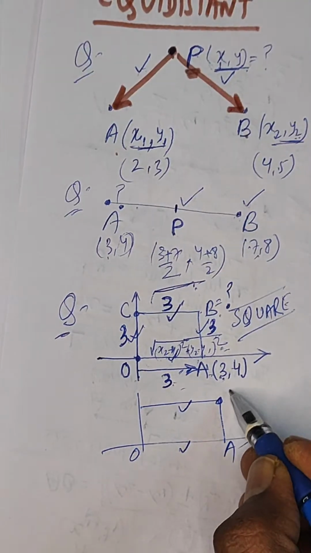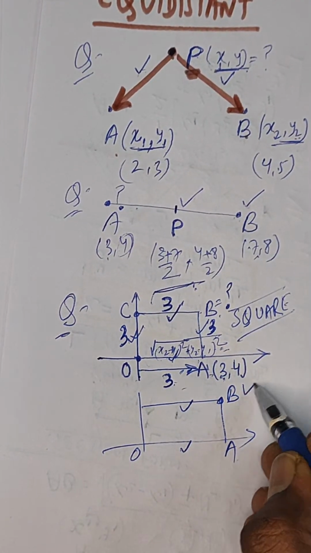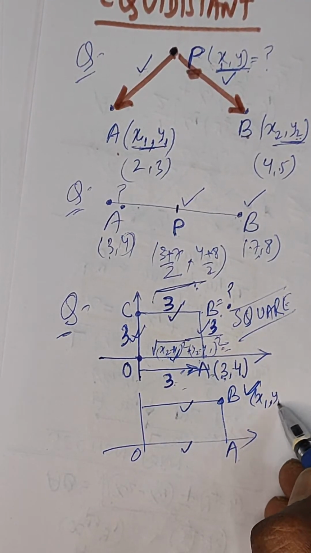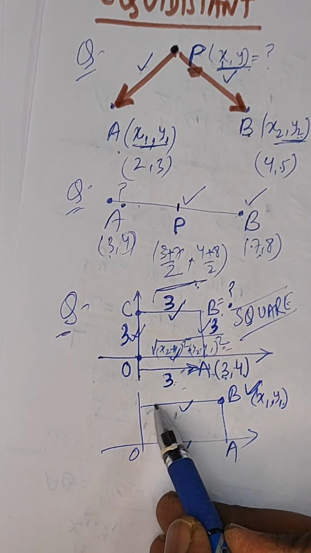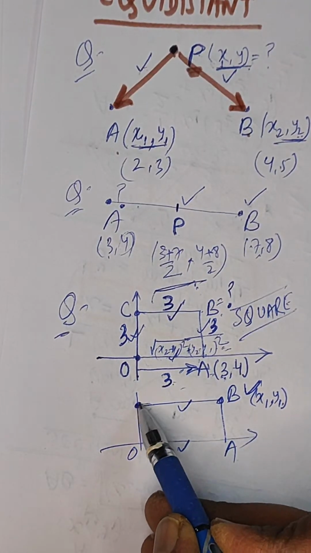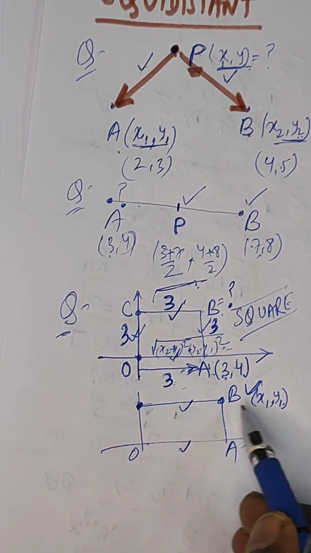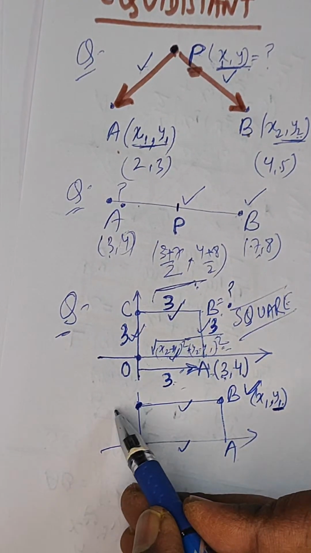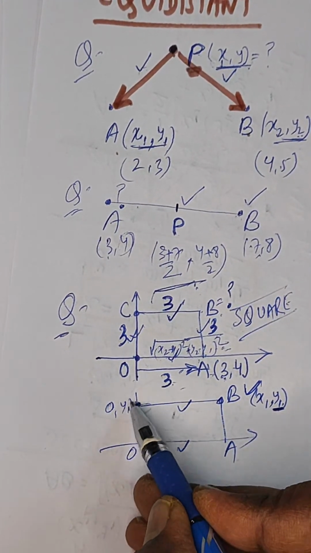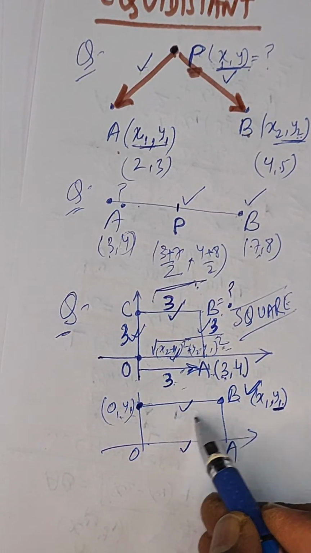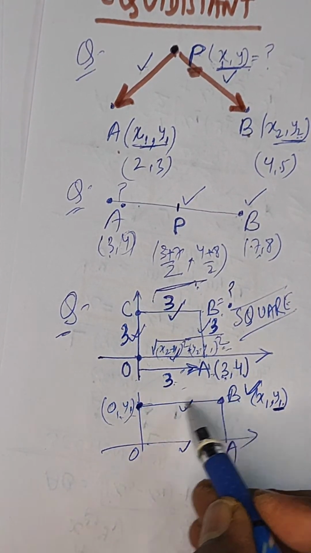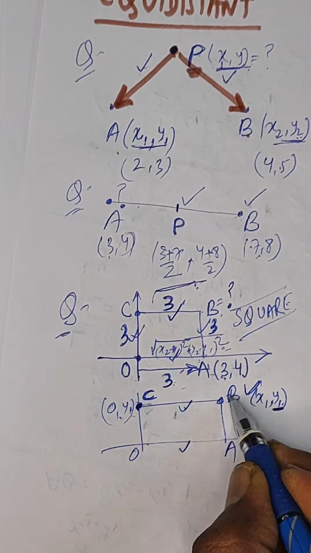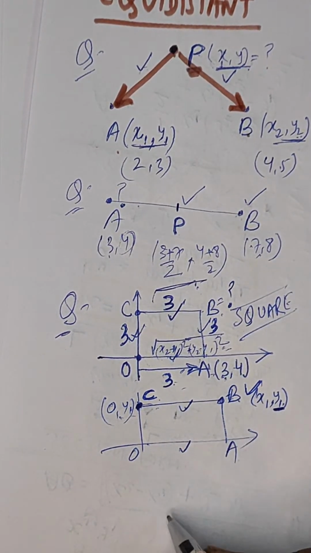So if the coordinates of any of these points are given to you, maybe x1 y1 is given to you, right? Then you are very easily able to calculate, because here it's y1, right? So the coordinate of this point will be 0 comma y1. So using this you will be able to calculate by using the distance formula, if this is BC, right?